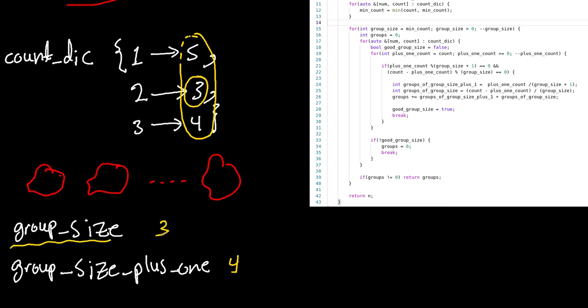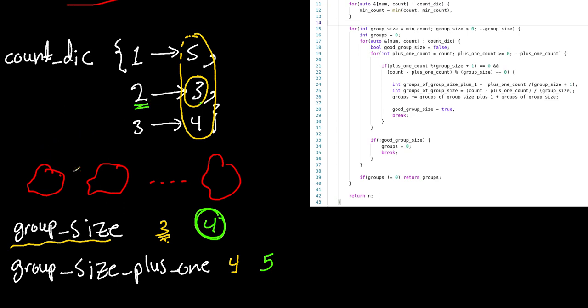And the reason for that, if we take group size greater than this minimum, for example, if we take 4, then the group size plus 1 is 5. Notice we need to create a group of size 4, but we don't have enough twos. We have only 3 of twos.